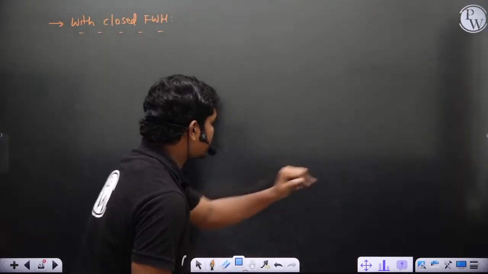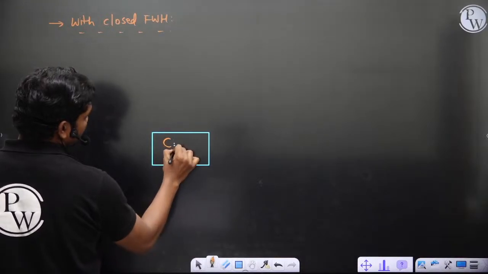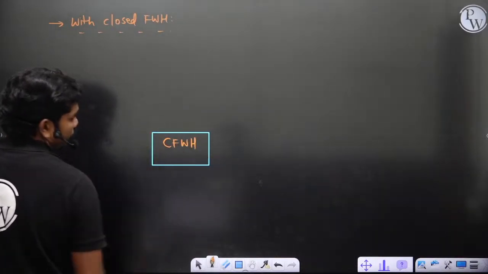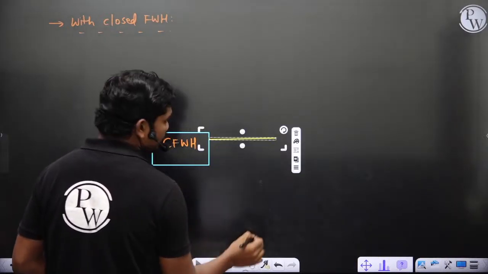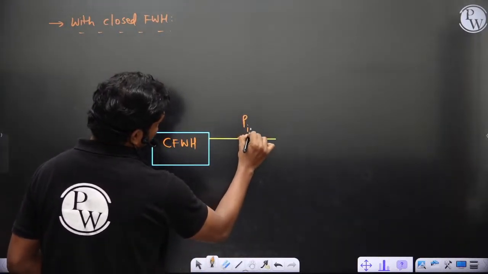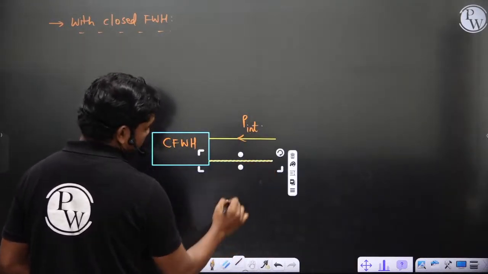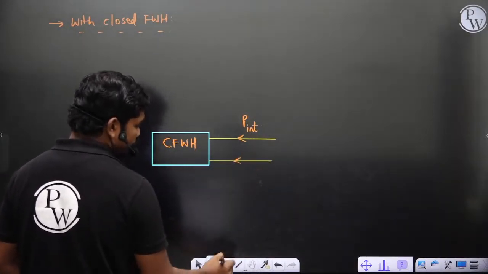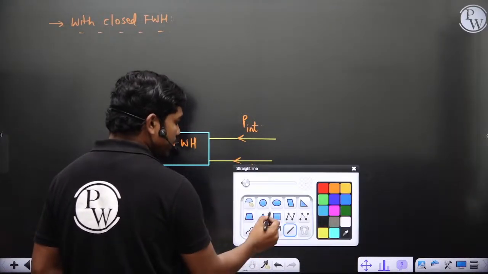There is a water heater like this, a closed feed water heater. Now steam comes in at some intermediate pressure, and this liquid, basically liquid from the condenser, also comes. This part is from the turbine.